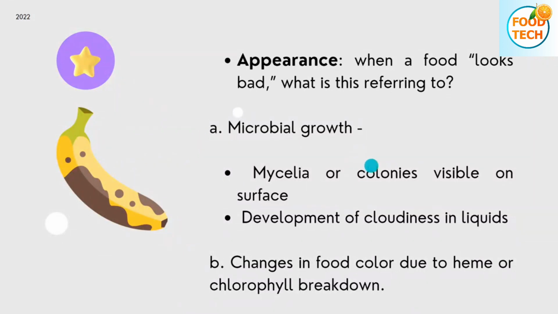You could easily see the colonies, especially on banana. If you see any liquid product, right? On a liquid product, you can see a slimy layer full of microbes. It shows that microbes have formed their colonies on the surface of the food product, and it develops cloudiness.